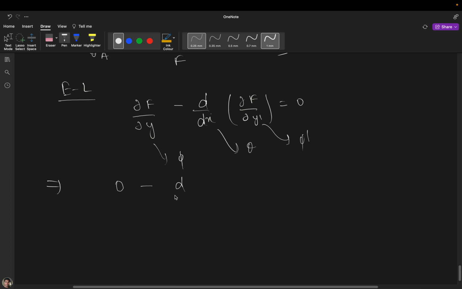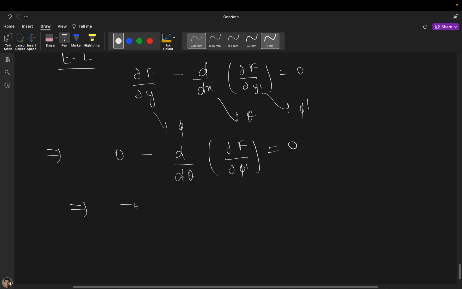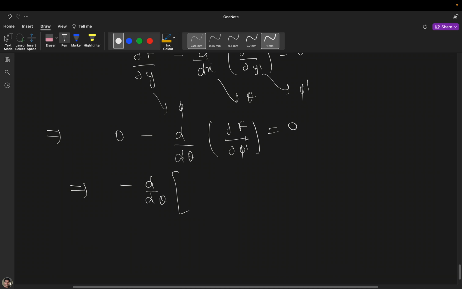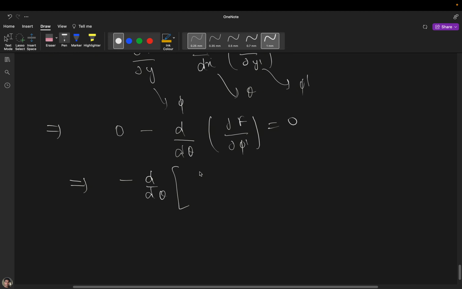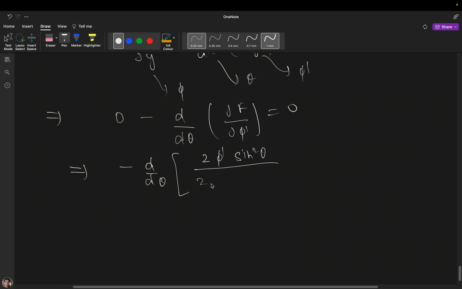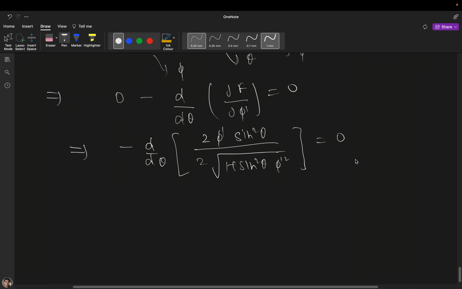So this will become d by d theta of del f by del phi dash equal to 0. When you find del f by del phi dash, you will get 2 phi dash sin square theta divided by 2 square root of 1 plus sin square theta phi dash square, equal to 0.